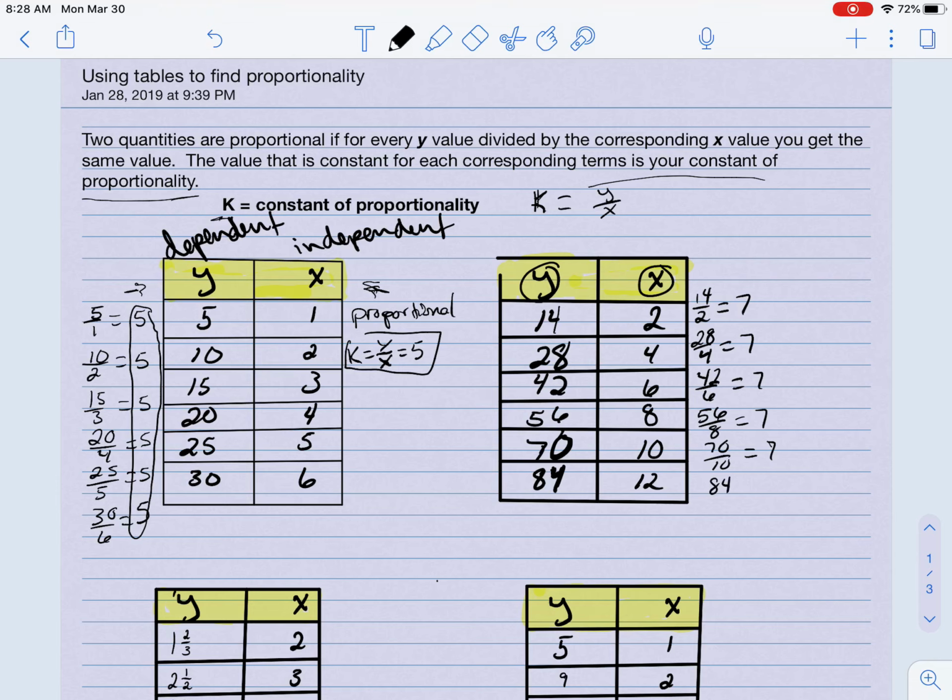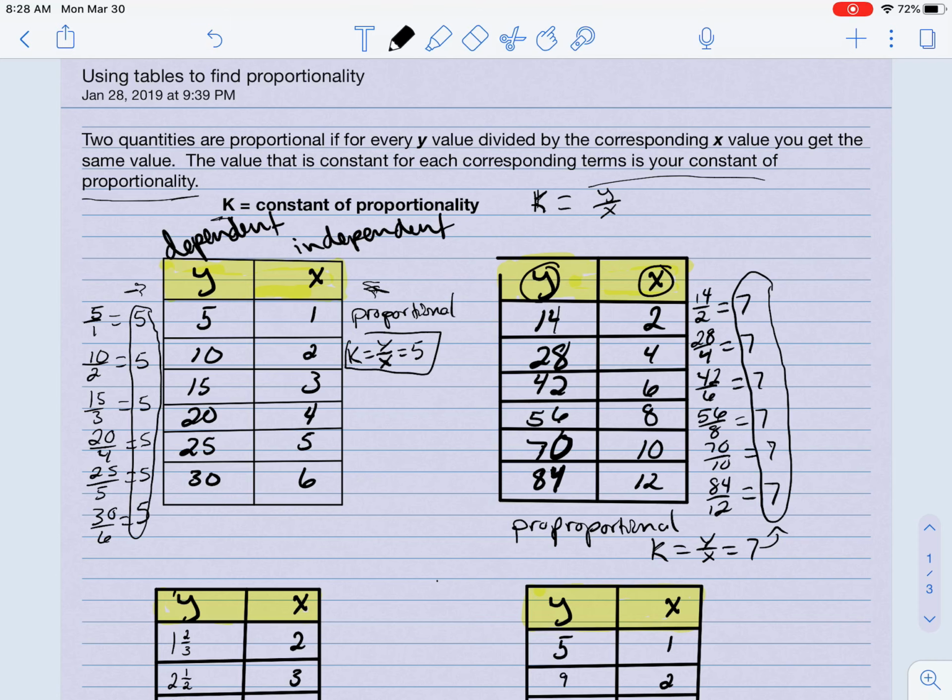And 84 divided by 12 equals 7. Once again, we notice that our y divided by our x all equals 7, so this would be proportional. And our k is equal to our y over x, which is equal to 7.